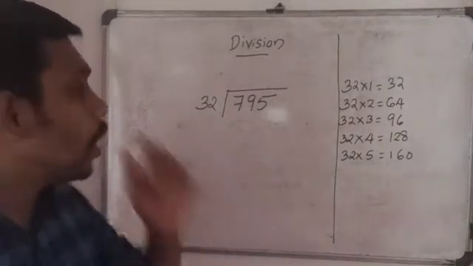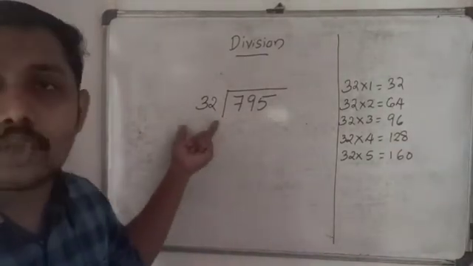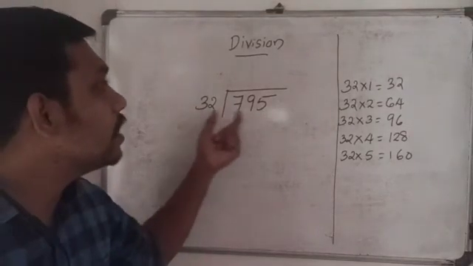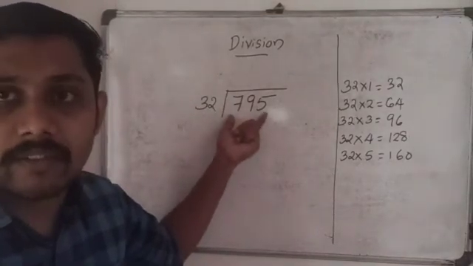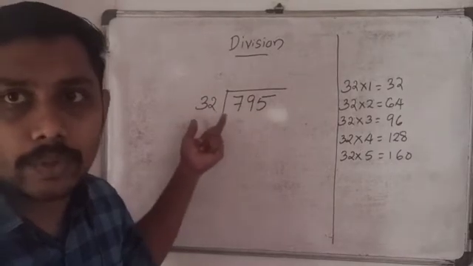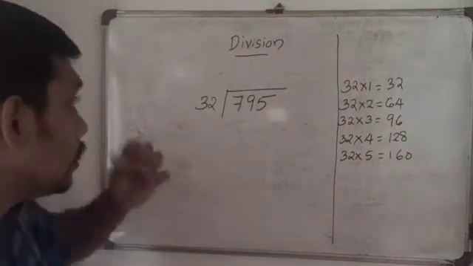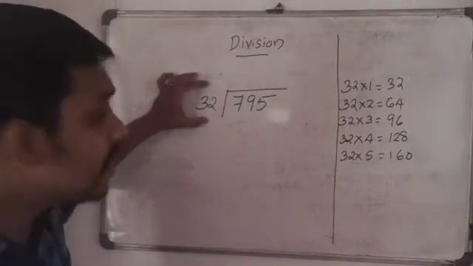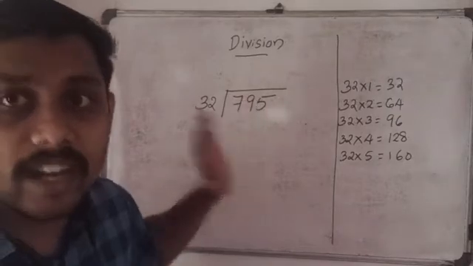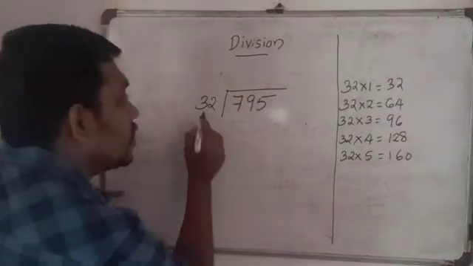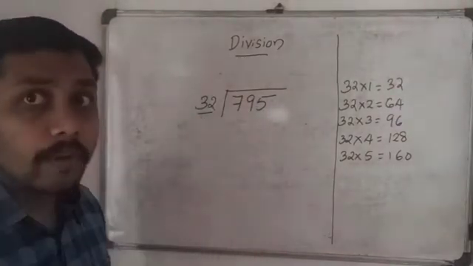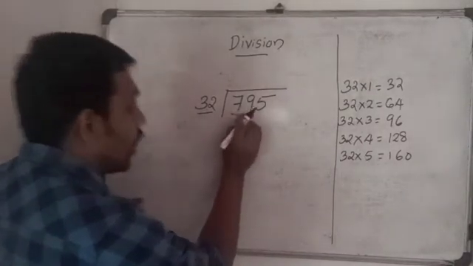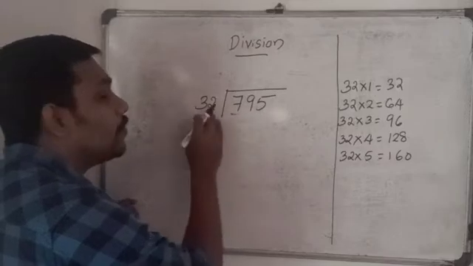Now we are going to divide a number by a two-digit number. Here we have the number 32 and we are going to divide 795 by 32. Look here, the divisor is a two-digit number, so we need to take the first two digits of the dividend and check the multiple of 32 which is less than or equal to those digits. So 79 is the first two-digit number, isn't it?